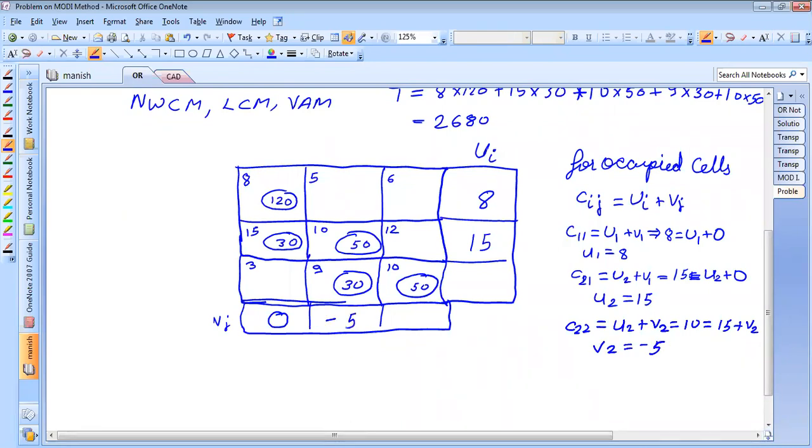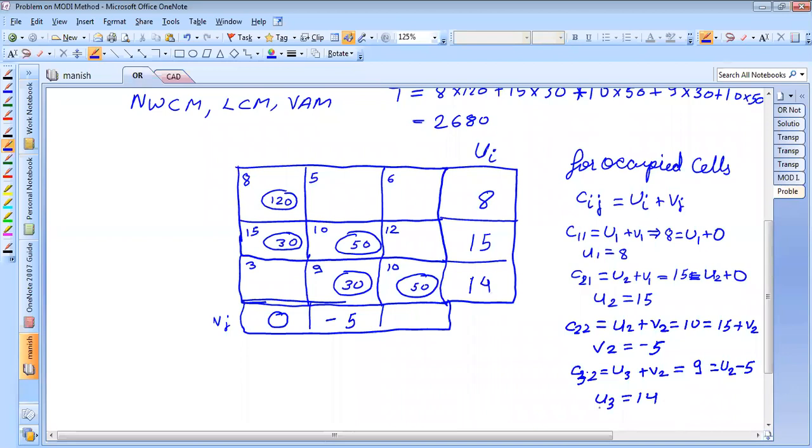Correct? Any doubts here? Similarly, C32 is equal to U3 plus V2, implying that 9 is equal to U3 minus 5. So U3 will be equal to 14. Correct?